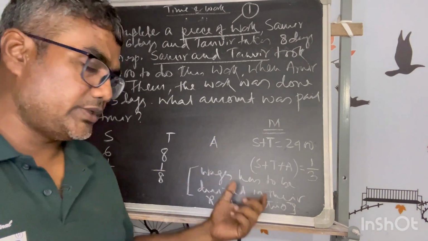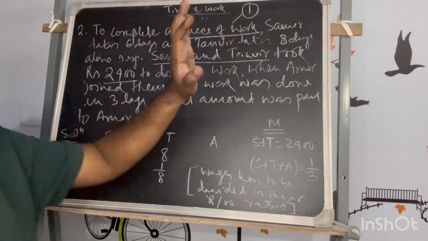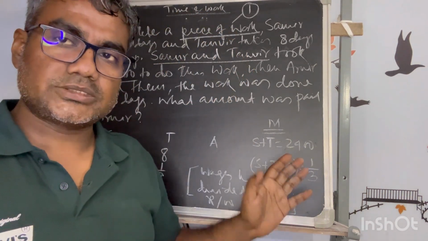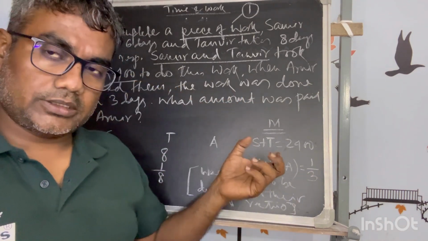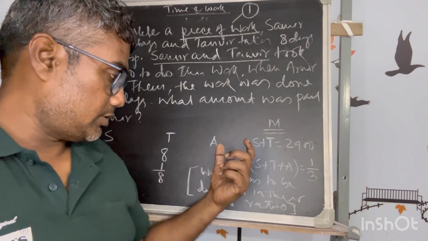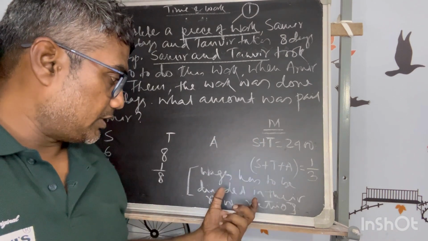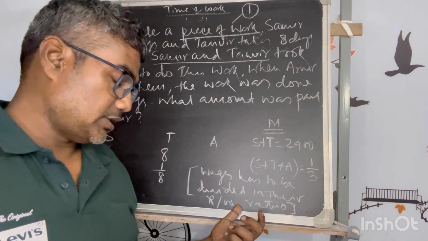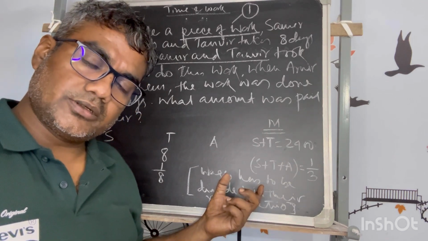So how will the wages be distributed? Whether their efficiency is less or more, their wages have to be divided on the rate of their work.